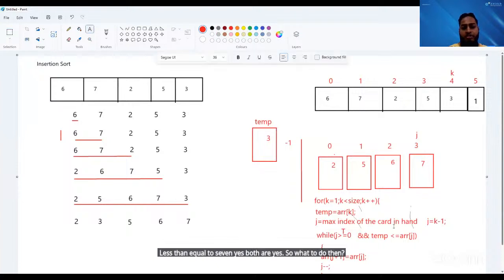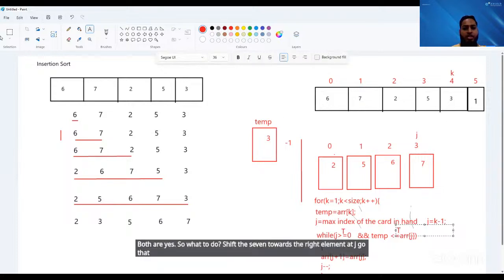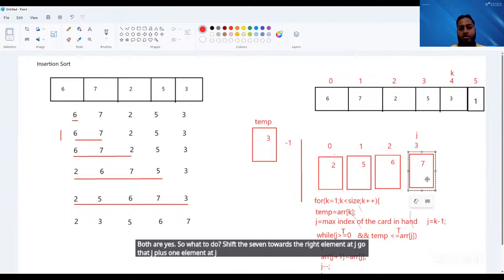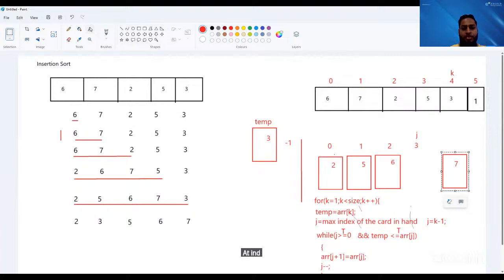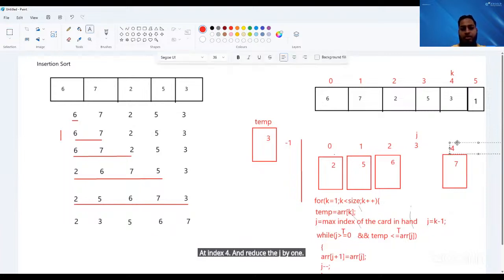Shift the 7 towards the right. Element at J goes at J plus 1, 1 towards the right at index 4. And reduce the J by 1.